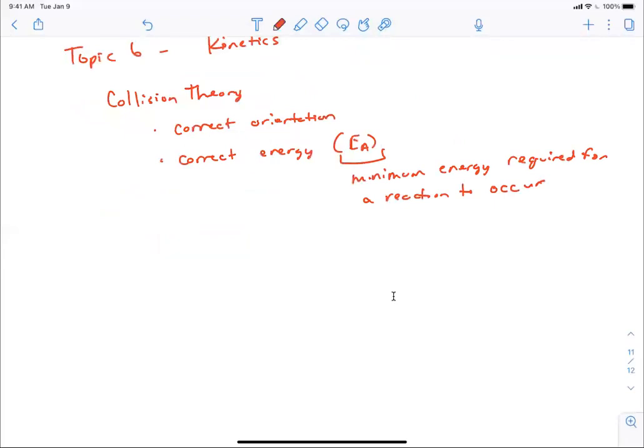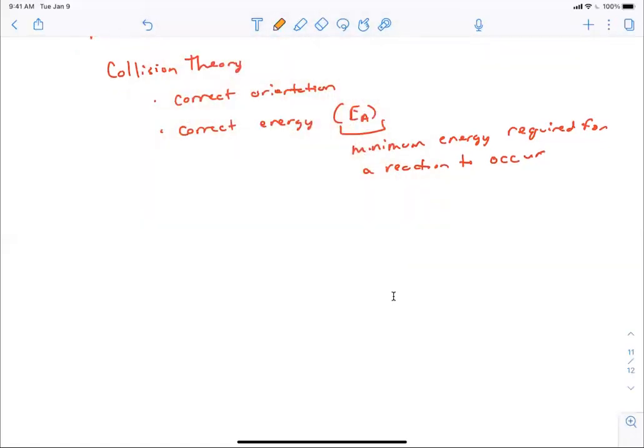So why do certain factors like concentration increases the frequency of collisions, so more particles will have the correct orientation. Temperature increases the energy of the particles, so therefore more of them will collide with the correct energy, but they also collide more often, which means the frequency of collisions also increases with that. And so applying those concepts is really, really important.